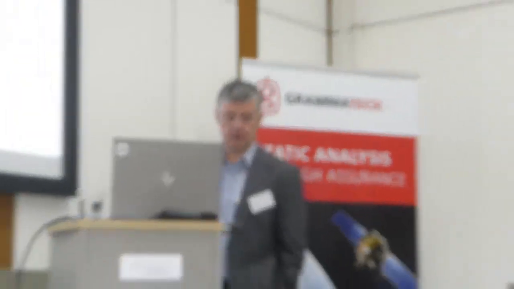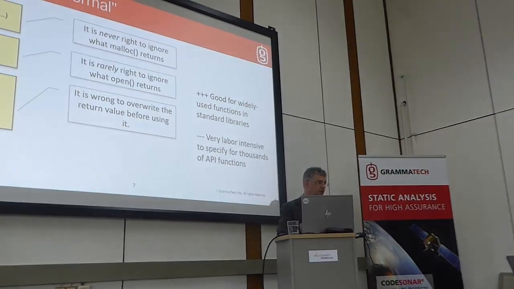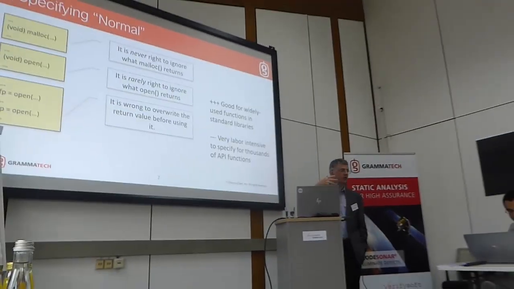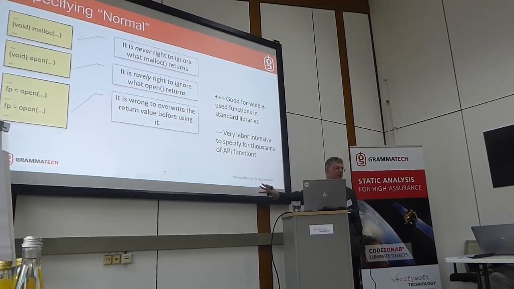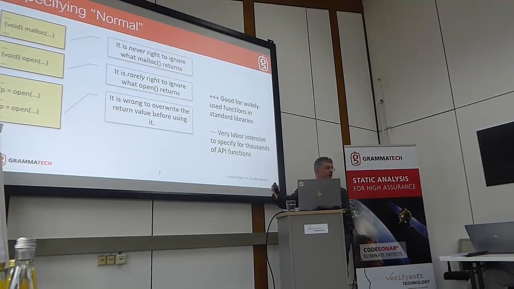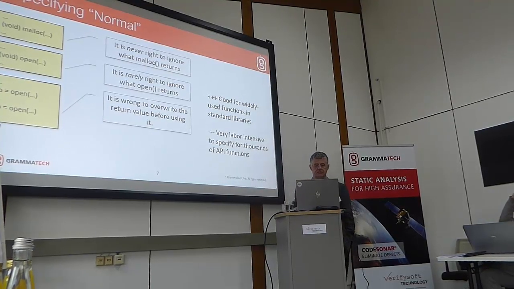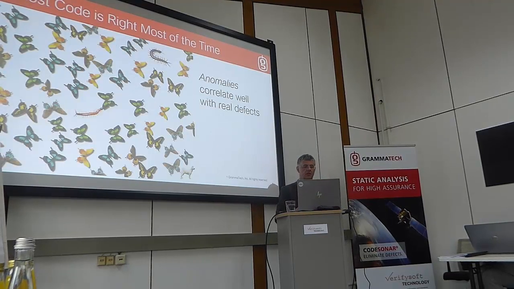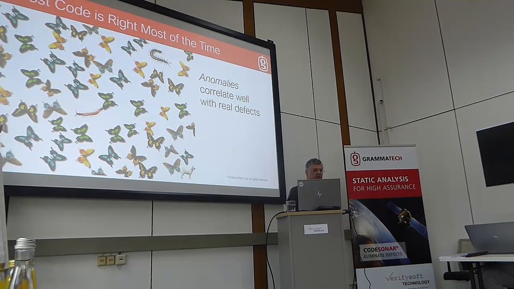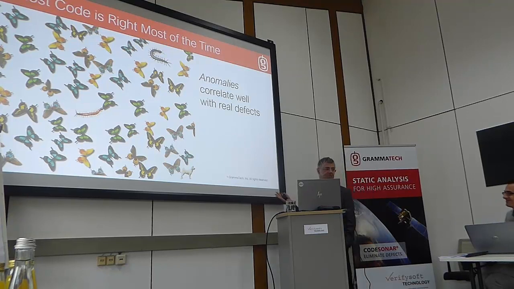So the key thing is, normal behavior can be written by hand by tool vendors, and that's what we do. But there are so many things for which you would want to know what normal behavior is that you can't do it by hand. There are just too many things. Consequently, that's where we turn to machine learning. The key point here is at the top: most code is right most of the time.